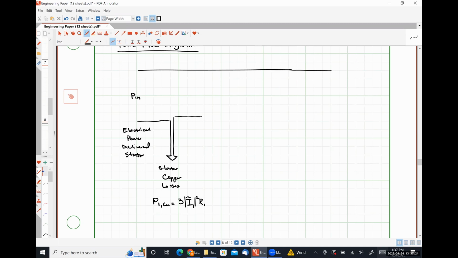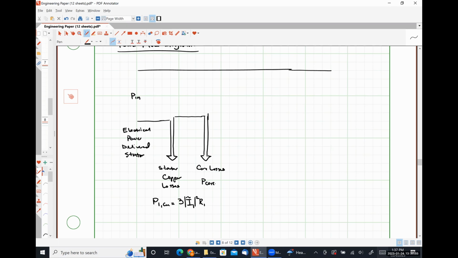Now we also have our core losses, P core, and we could look at our equivalent circuit and figure out how to do that, but we're not going to worry about it because that's going to be something that we measure with one of our open circuit, short circuit, block rotor, no load kind of test things.